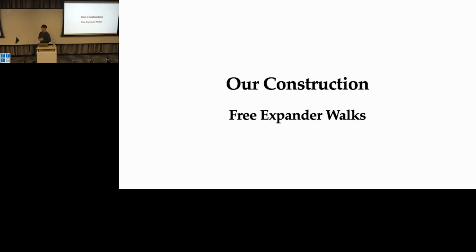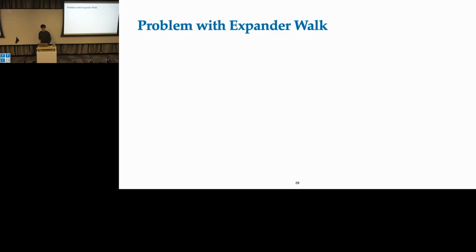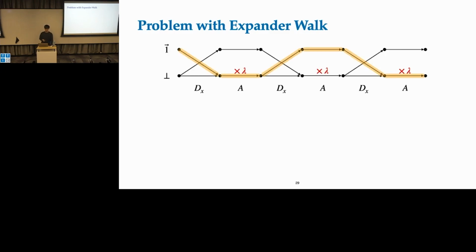Now, let me talk about our construction, which is what we call free expander walks. Let's first look at what the problem was with expander walks. The problem is this highlighted path. In particular, we are not happy when AX is roughly lambda x. So what can we do?